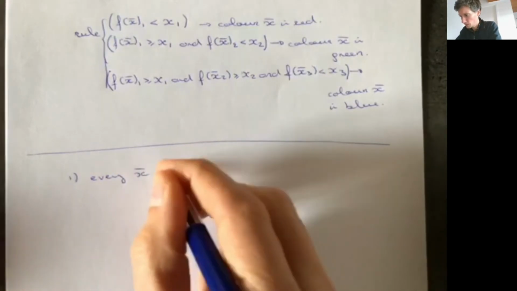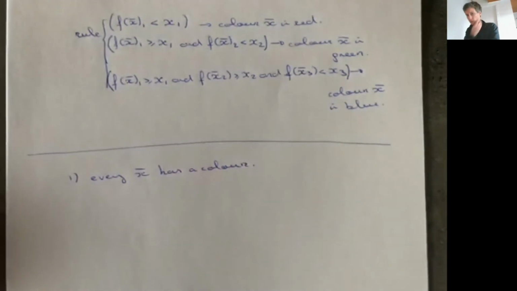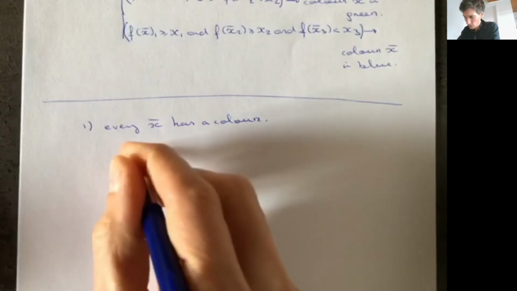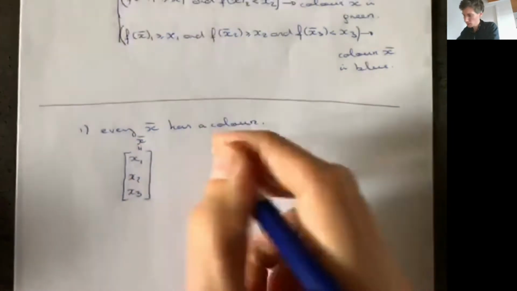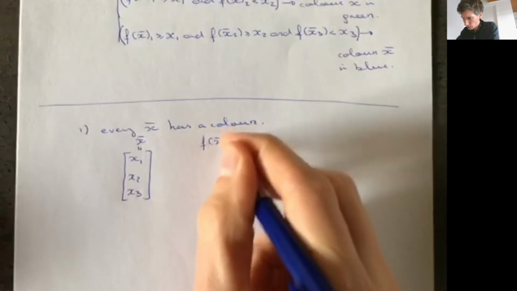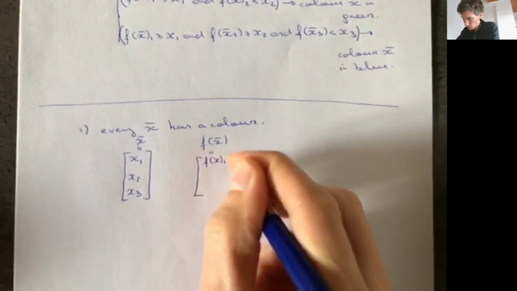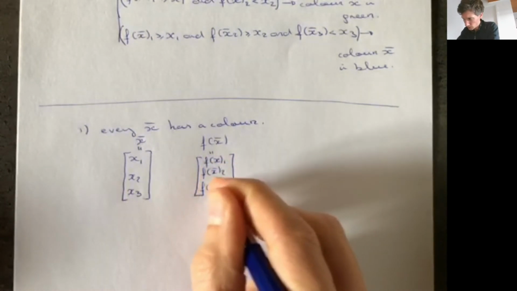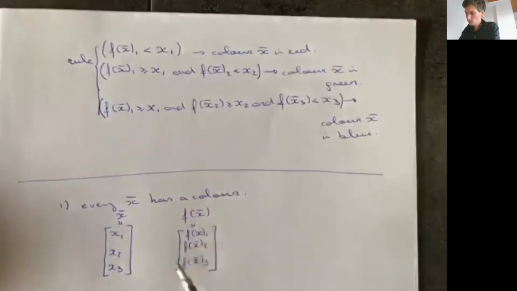Every x has a color. So we have x1, x2, x3, which is our vector x, and then we have the vector f of x, which is f x1, f x2, and f x3.